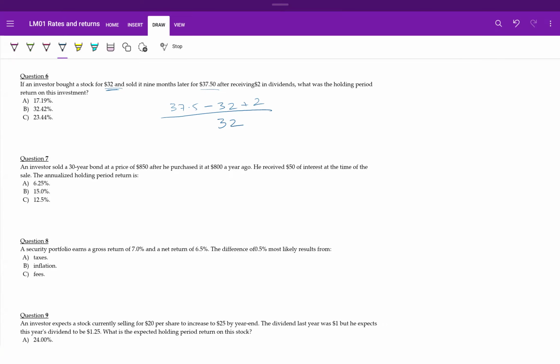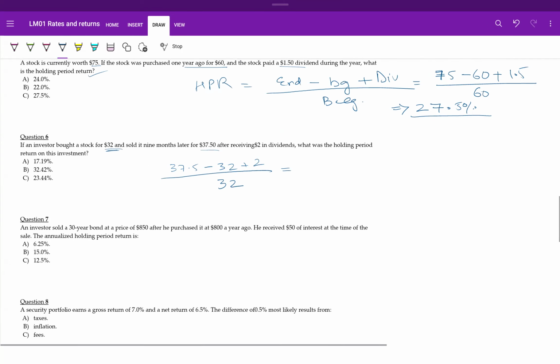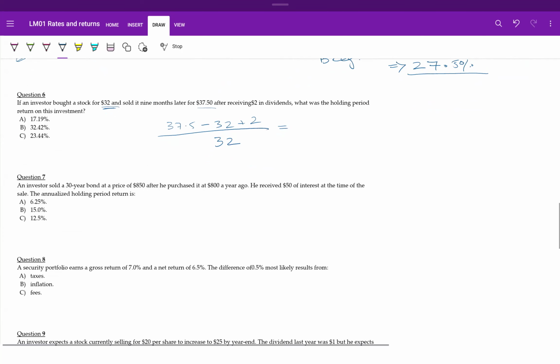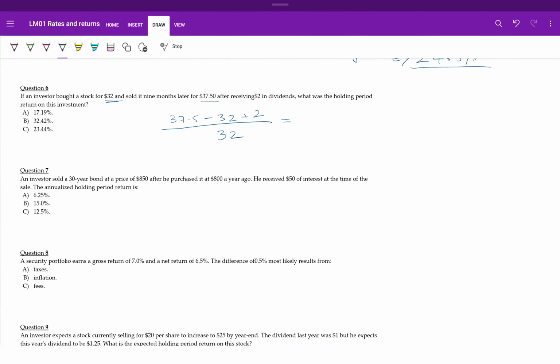If you solve this, you are going to get an approximate value of 22.44, and the option is 22.44 once you convert this into percentage.